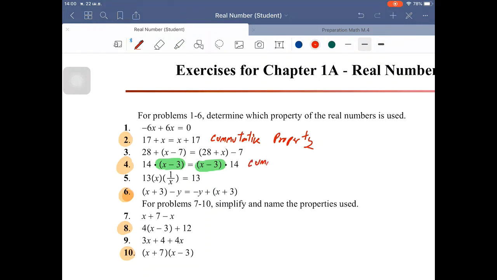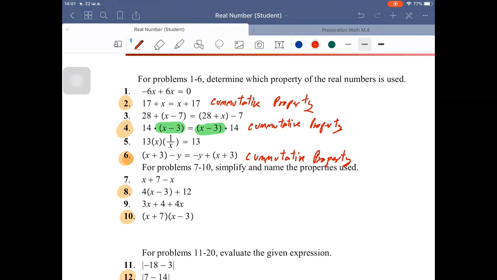So this one is also the commutative property. Question 6, obviously it's also commutative again. Okay, question 8.